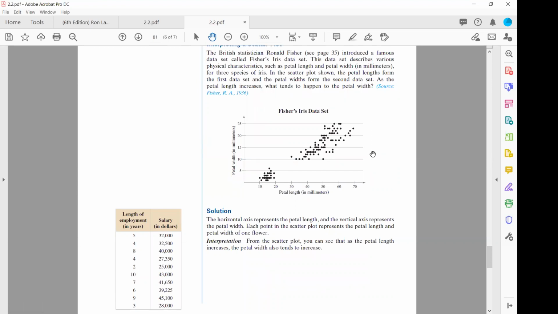On the left-hand side, it says length of employment, 5 years, salary, $32,000. Length of employment, 4 years, salary, $32,500. And you have more length of employment and related salary to that year. How do you graph this?